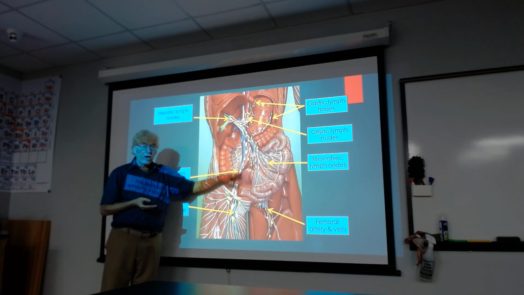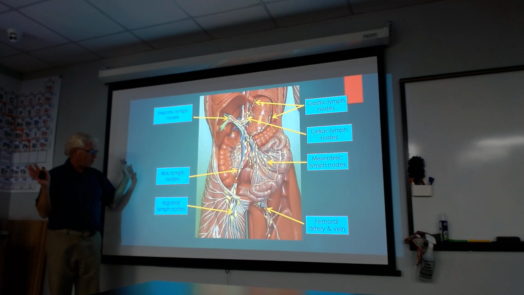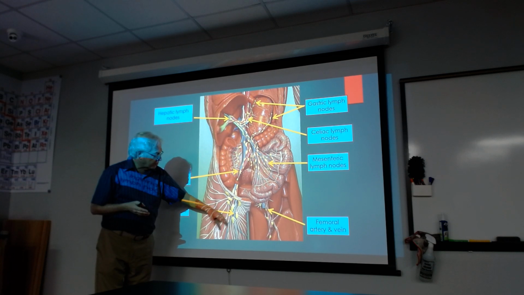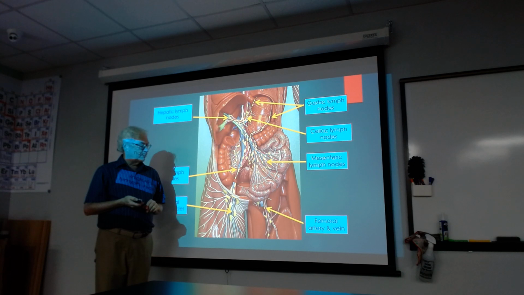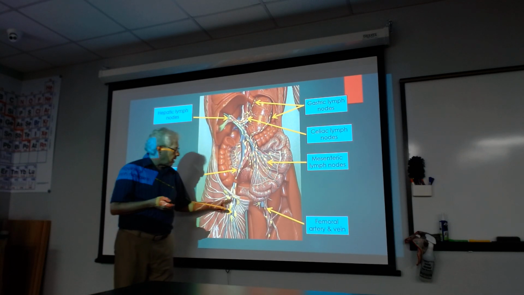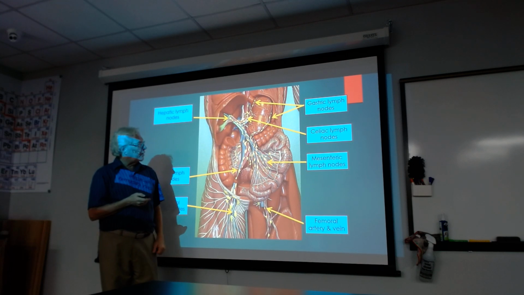Those were the iliac arteries, iliac lymph nodes, and superficially more, those are going to be the inguinal, okay, in the groin region. Everybody cool? All right. That's your femoral artery and vein. But this is the inguinal lymph nodes, all righty, in that area.